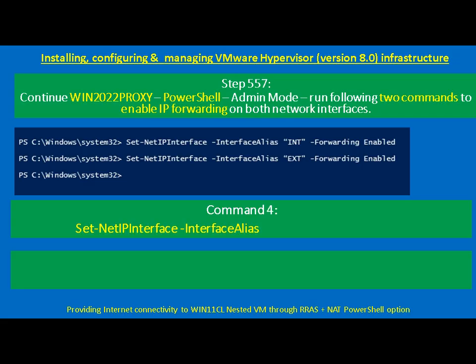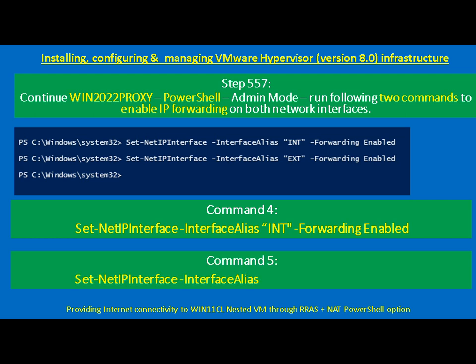The command will be Set-NetIPInterface -InterfaceAlias INT, that we have renamed, -Forwarding Enabled, and the same thing, Set-NetIPInterface -InterfaceAlias EXT -Forwarding Enabled.